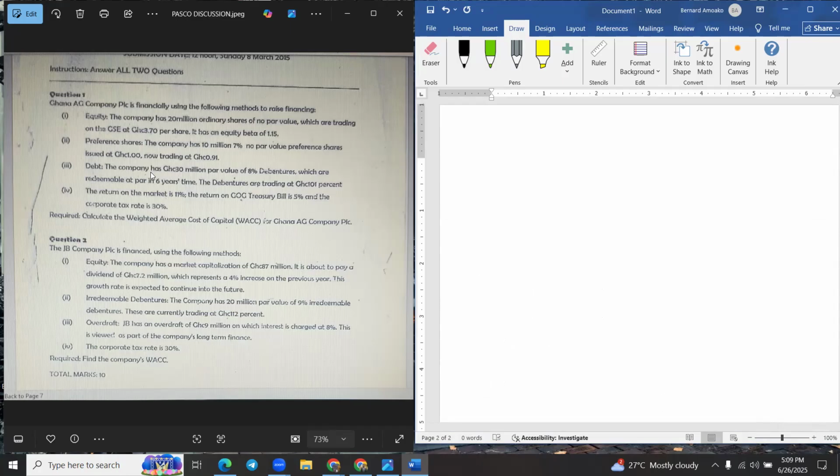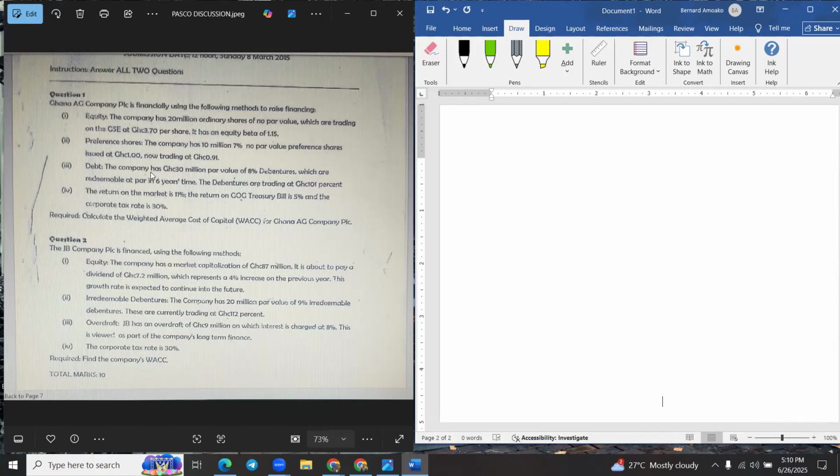The company has 20 million ordinary shares of no par value, trading on the Ghana Stock Exchange at 3.7 Ghana cedis per share. It has an equity beta of 1.15.